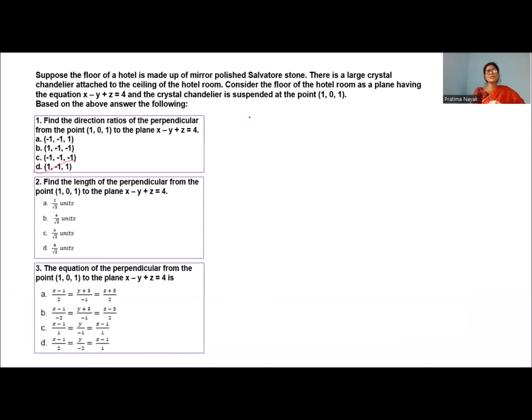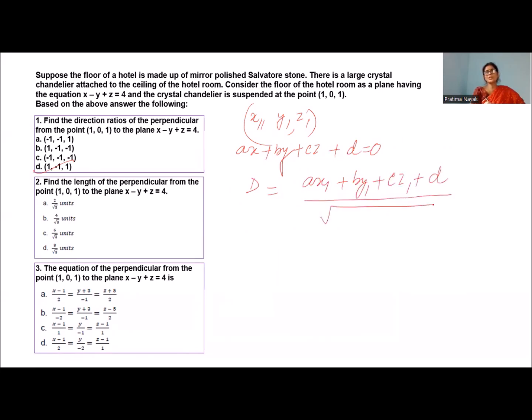So if the point is (x1, y1, z1) and the plane is ax plus by plus cz plus d is 0, then the distance is the modulus of ax1 plus by1 plus cz1 plus d upon under root a square plus b square plus c square. This is the formula we apply for the distance from a point to a plane.